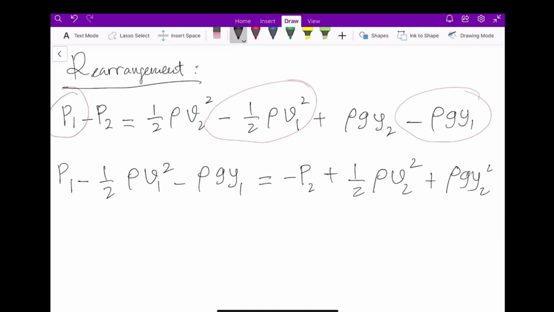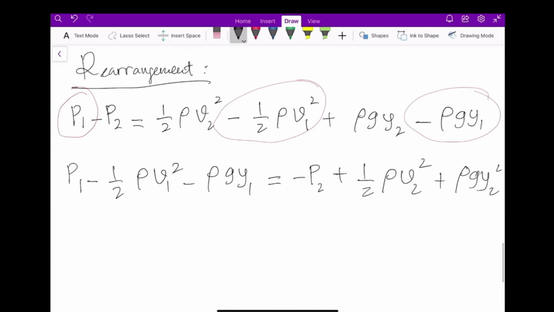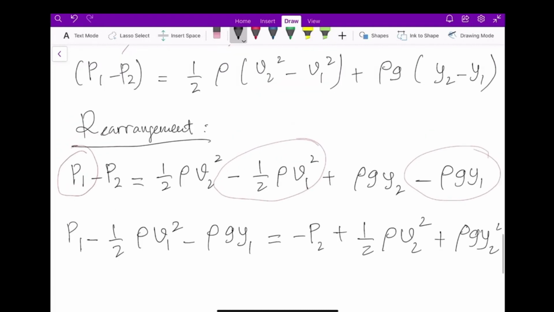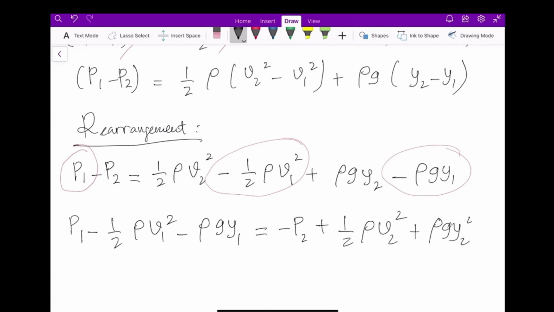Is this correct? Let me know if you spot any mistake. P1 plus here. Why don't I feel it's correct? Does anyone notice any mistake in the rearrangement? P1 plus negative P2.